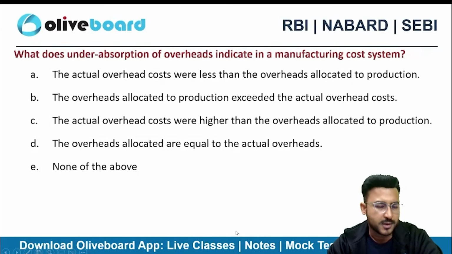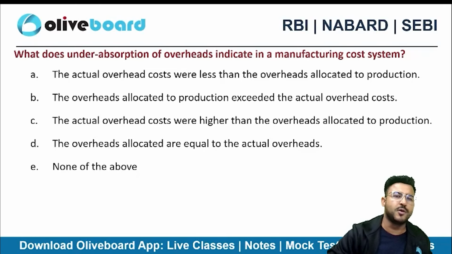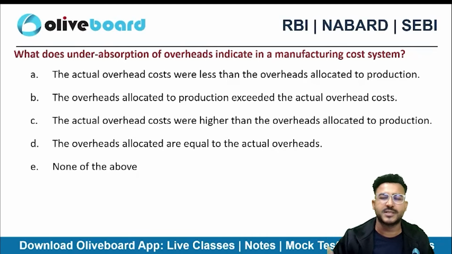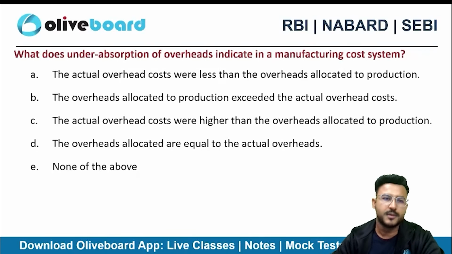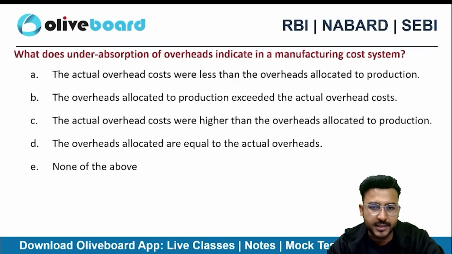Next one. What does the under absorption of overhead indicate in manufacturing cost system? What do you mean by under absorption? The actual overheads were less than the overheads allocated to the production. The overheads allocated to the production exceeded the actual overheads. The actual overheads were higher than the overheads allocated to production.